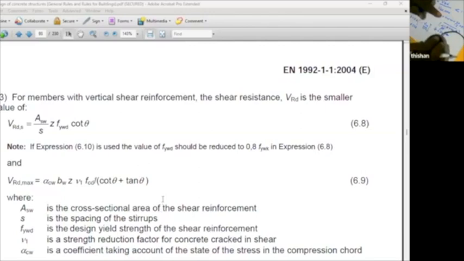Okay. FCD is the design strength of concrete. That is FCK divided by 1.5, that is 30 divided by 1.5. Then divide the whole thing by cot 22 plus tan 22.